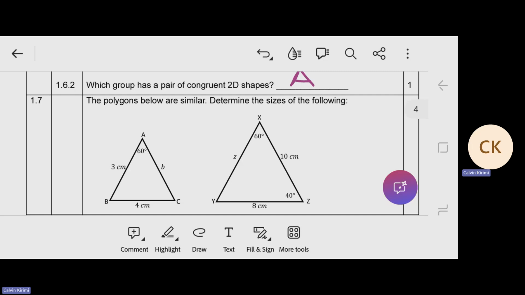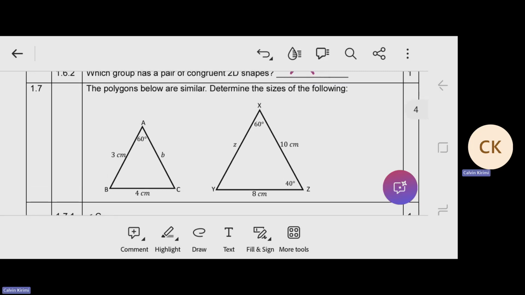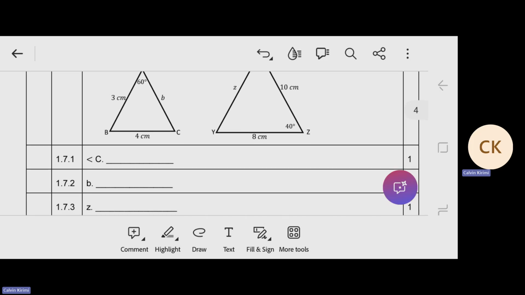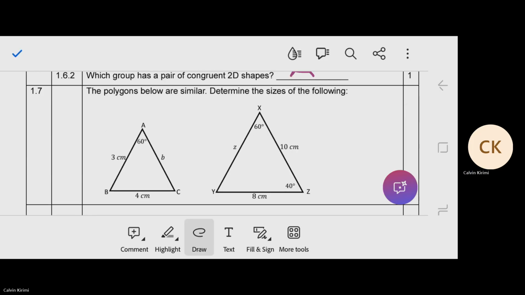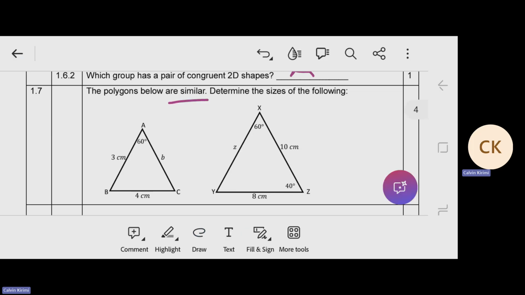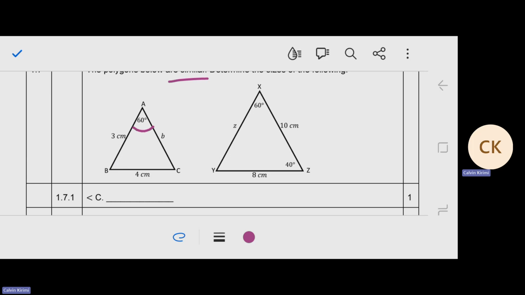Then let's go to number 1.7. The polygons are similar. Determine the sizes of the following. We want the size of angle C. We've been told the polygons are similar, so these two angles are the same, since the shapes are similar.